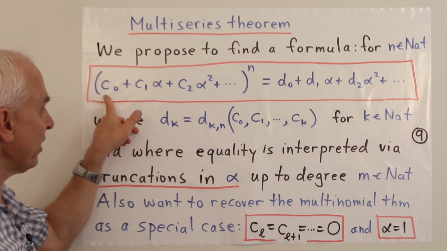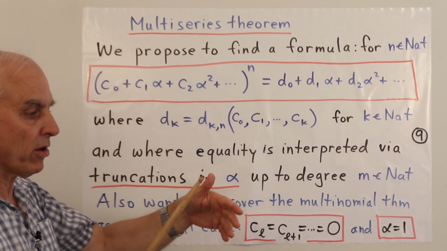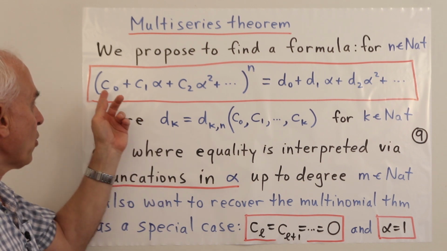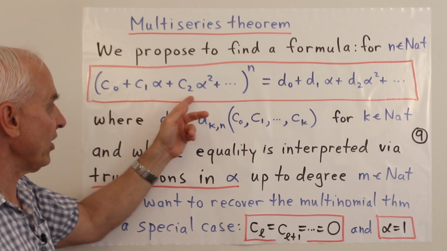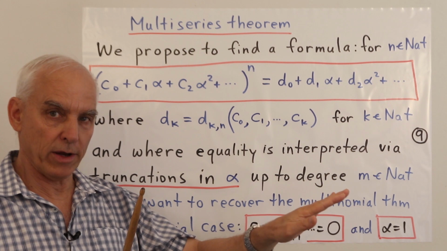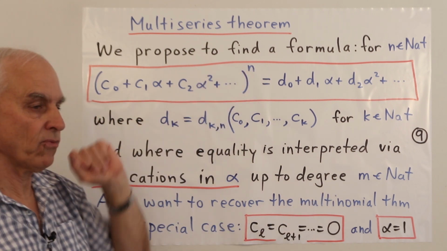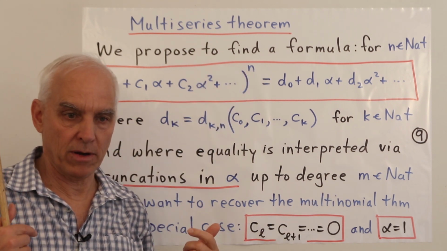So this is an ongoing polynumber or a polyseries with coefficients c0, c1, c2, c3, etc. And it keeps on going. And we're proposing to raise this to the nth power.